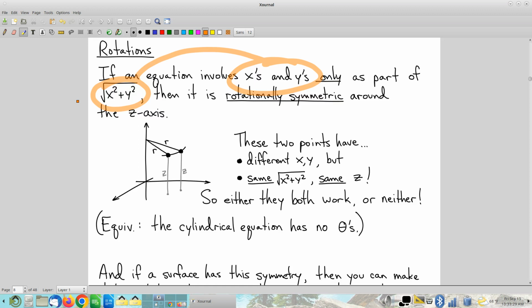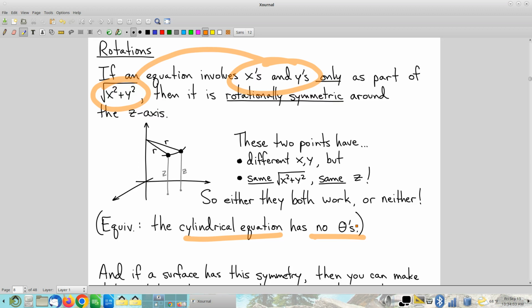By assumption, all of the x and y's are this, which just turns into r. The only thing that's left is z, and z remains z. And so this equation, when you convert it to cylindrical coordinates, theta just doesn't ever have a chance to show up. There are no thetas in your equation. And if you have a cylindrical equation with no thetas, we talked about this earlier this week, I forget exactly when, no thetas in your cylindrical equation means, again, rotationally symmetric around the z-axis.